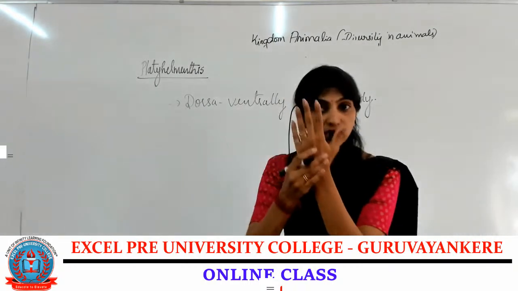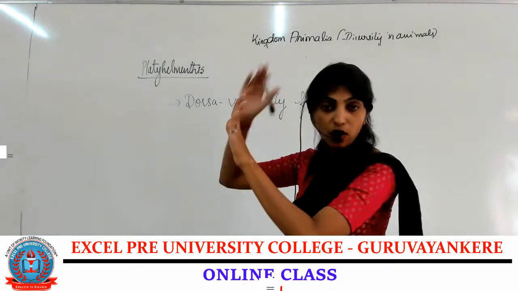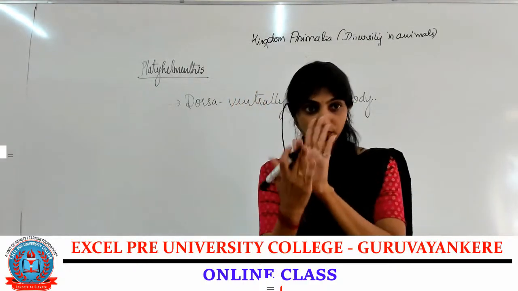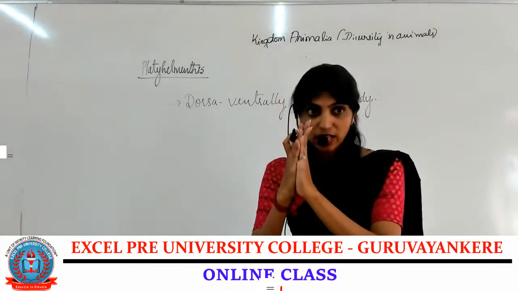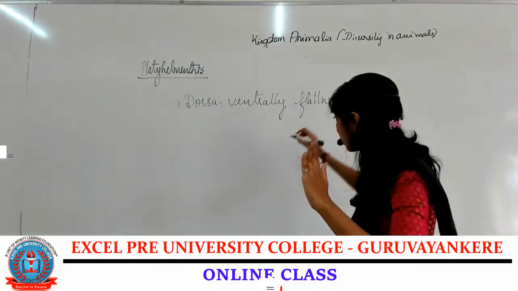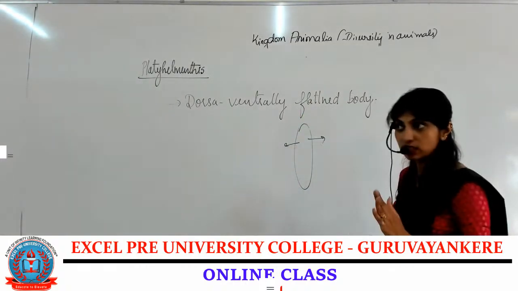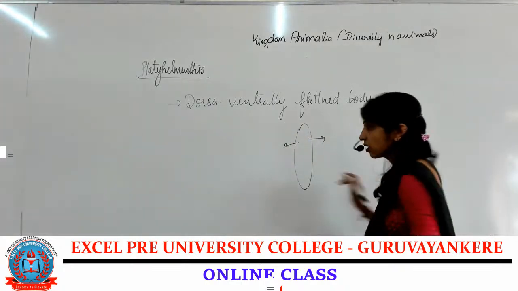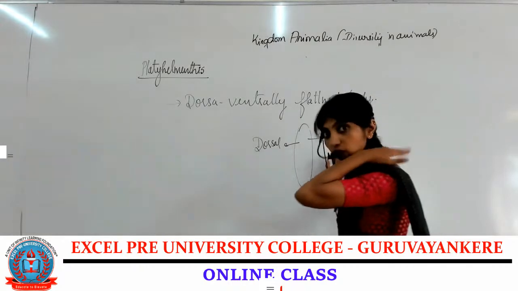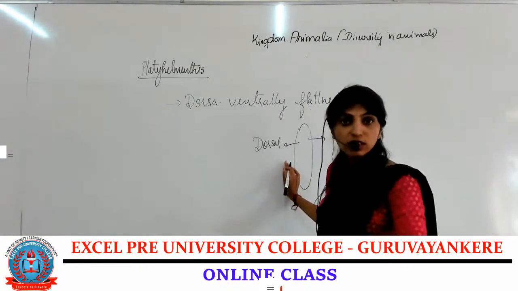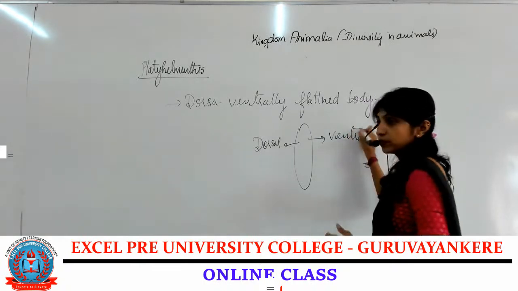Consider if this is the body of an organism, this is the back side and this is the front portion. The back portion we call the dorsal side, and the front portion we call the ventral side.